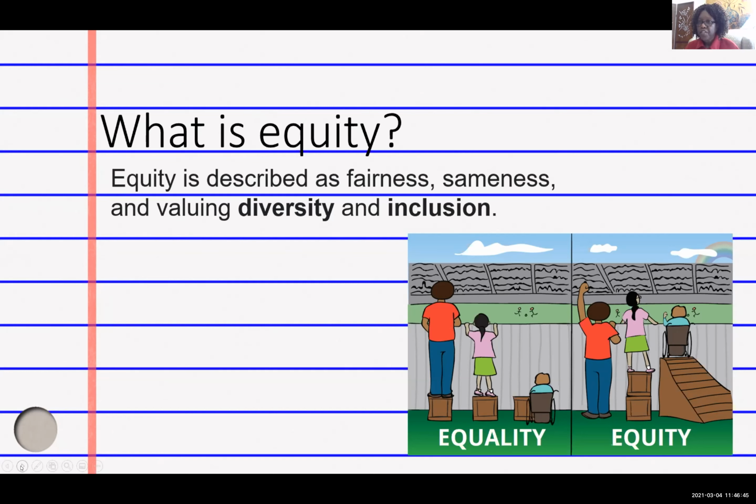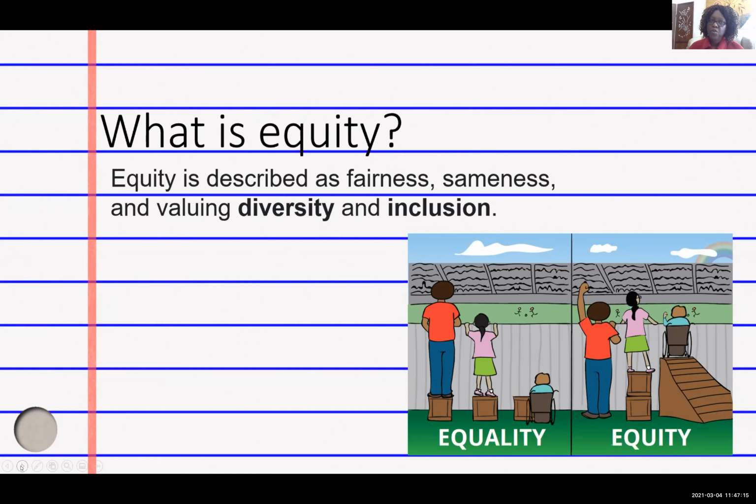It doesn't have fairness because everybody can't see over the fence. It has some degree of sameness in that everybody comes there, but everybody really can't learn from what is on the next side. And of course, diversity is not taken care of at all, because here it is, the person in the wheelchair has no say so in terms of what is going on.